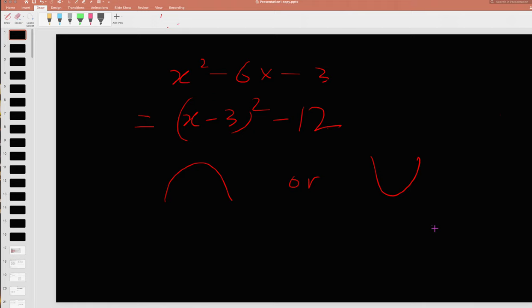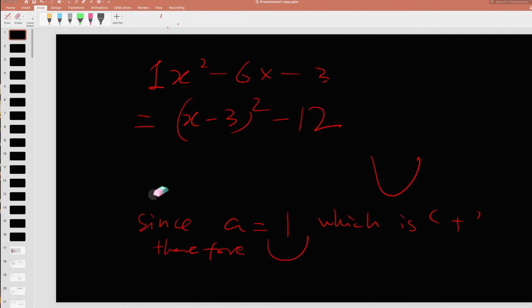So this question is frown or happy? Happy. Why? Because the x squared coefficient A is positive. Since A equals 1, which is positive, therefore it's a happy face.